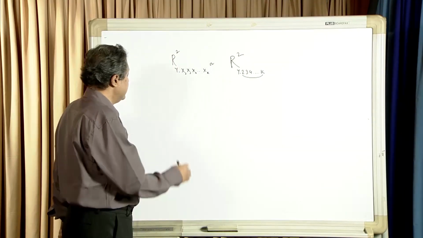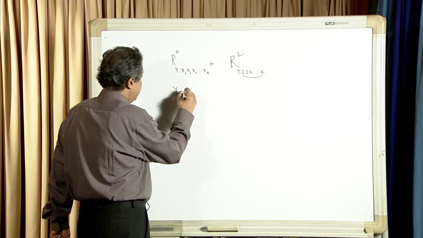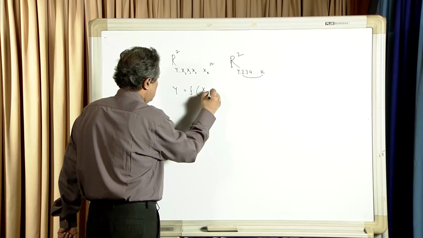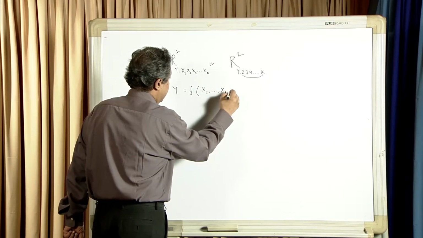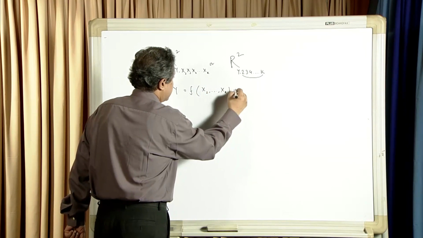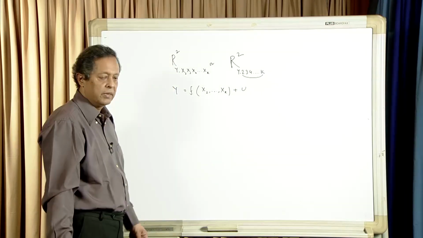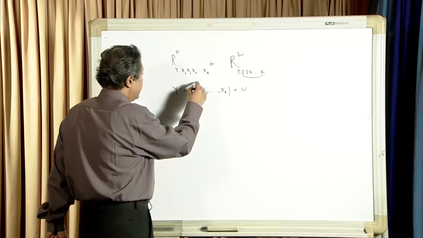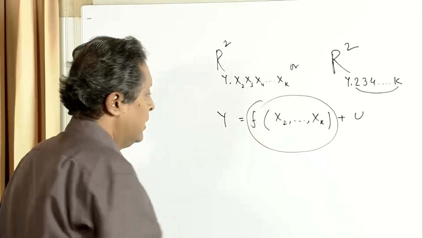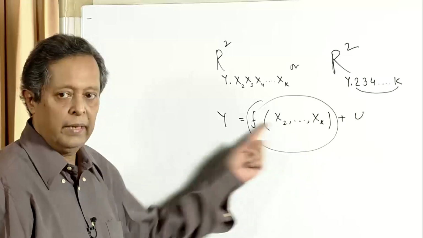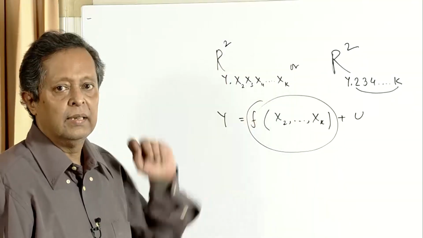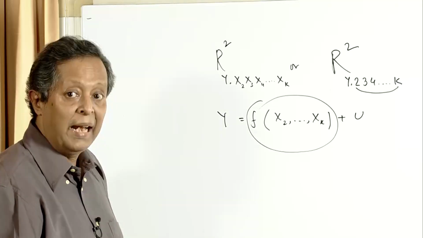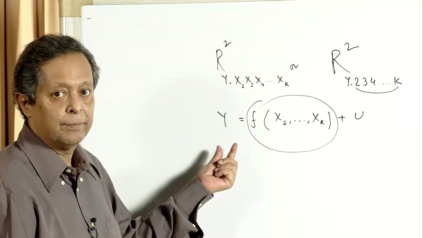The idea is that since y is some function of x2 through xk plus some disturbance term, of course, this is a linear function, linear in the parameters. So, the greater this part is out of the total variation, the better is the model in terms of its ability to explain the variation in yi.